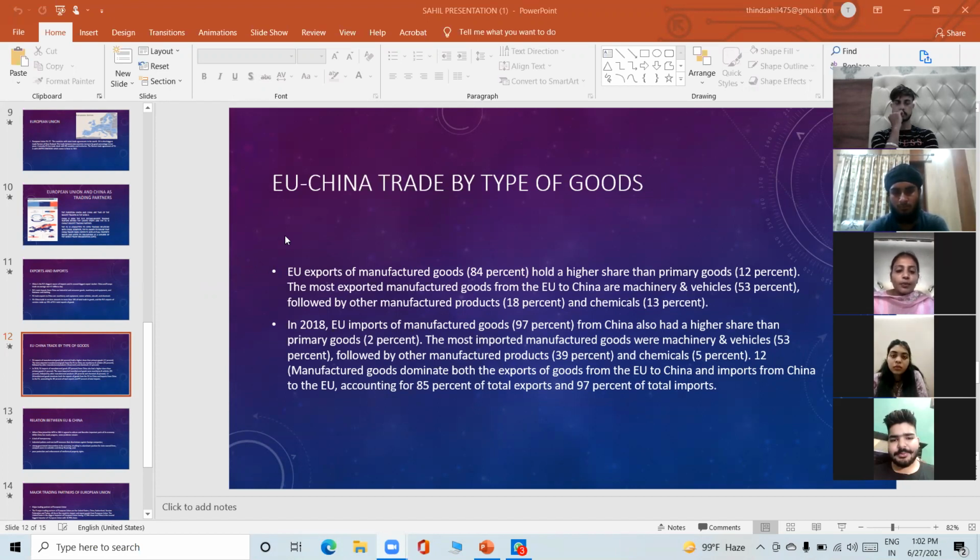The most important manufactured goods were machinery and vehicles at 53%, followed by other manufactured products at 39% and chemicals at 5%. Manufactured goods dominate both exports of goods from the European Union to China and imports from China to the European Union, accounting for 85% of total exports and 97% of total imports. Next slide.